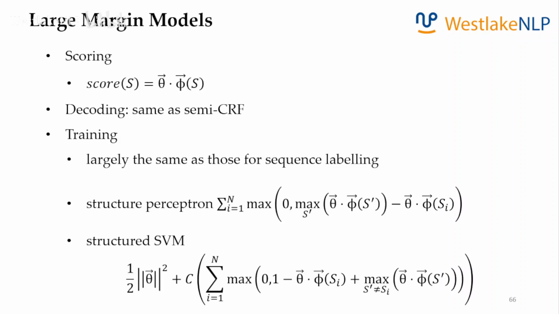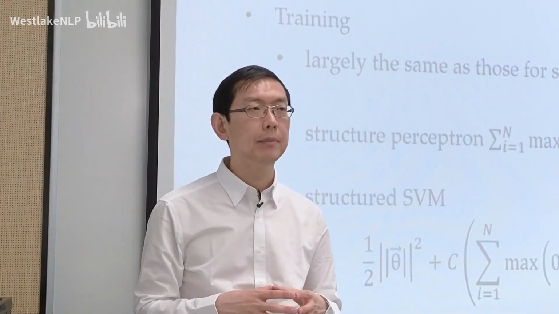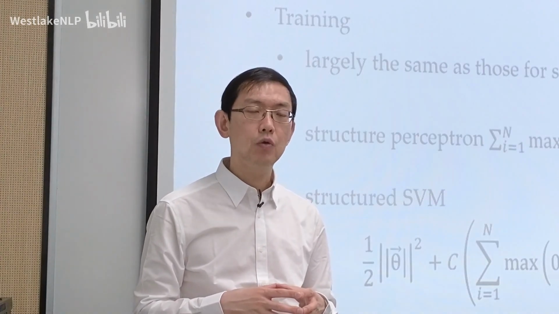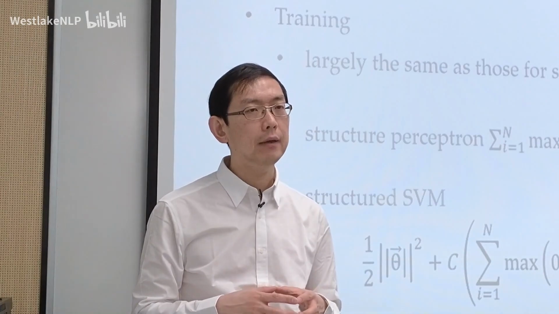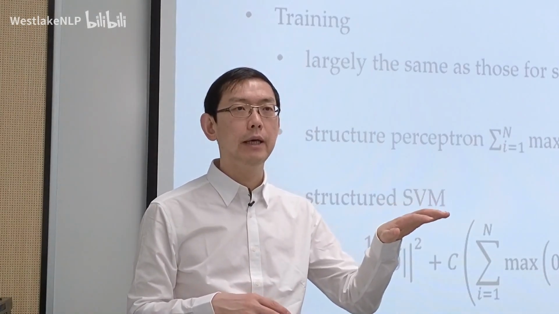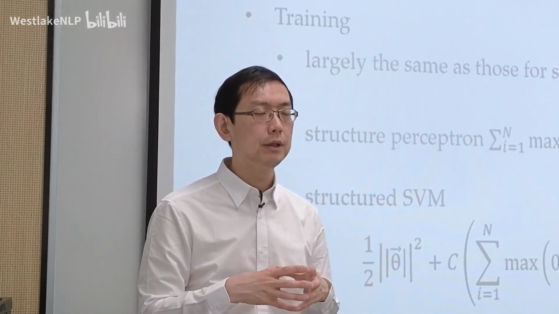So we first look at the objective functions for perceptron and SVM. They stay the same for sequence segmentation as for sequence labeling. For perceptron, we require that the gold standard segment sequence is scored higher than all non-gold sequences.